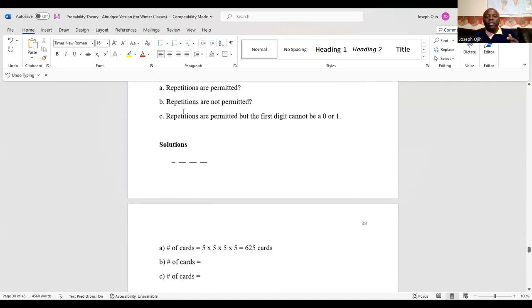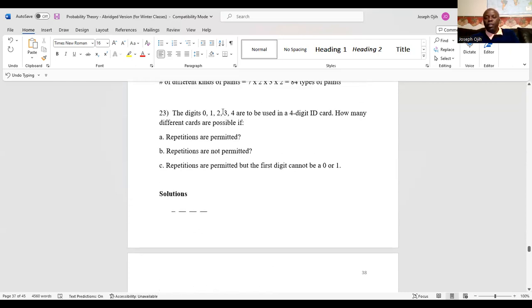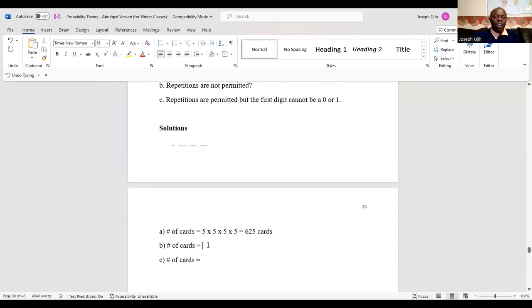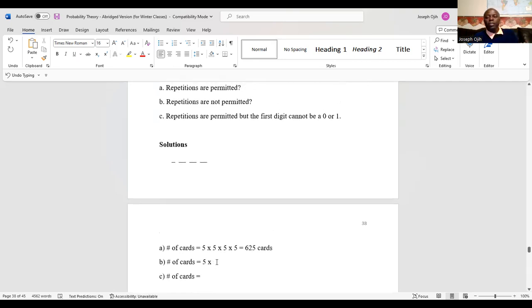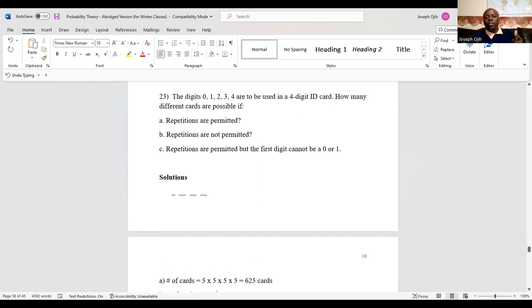Now, the second one says repetitions are not permitted. That means if you use one number, you can't use it again. So the first slot has 5 possibilities. The second slot has 4 possibilities, since you cannot use the same number twice.